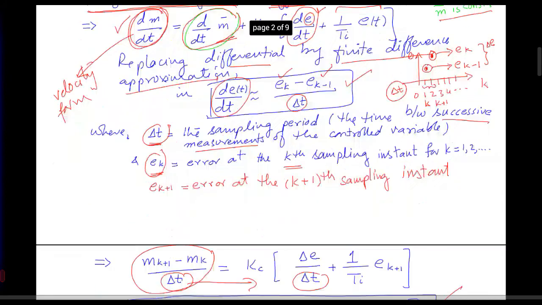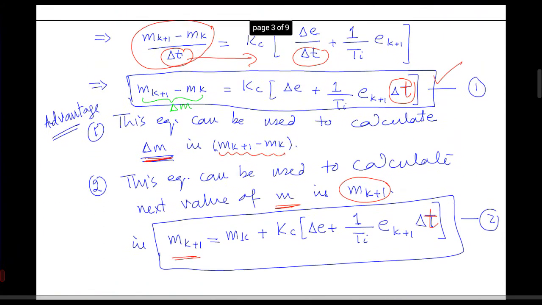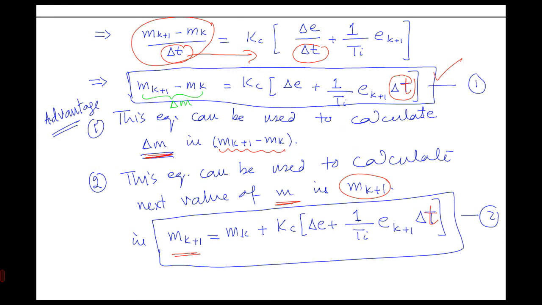So we have the equation here: delta m divided by delta t equals Kc times delta E upon delta t plus 1 upon Ti times E of k plus 1.